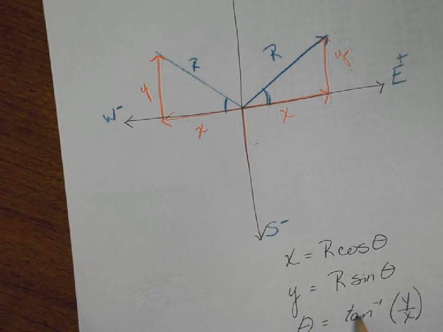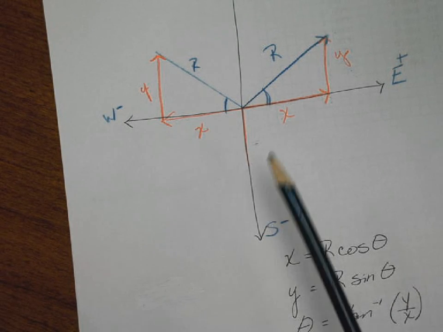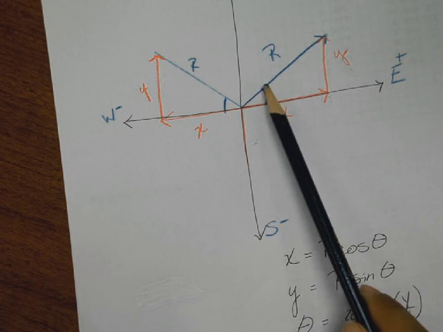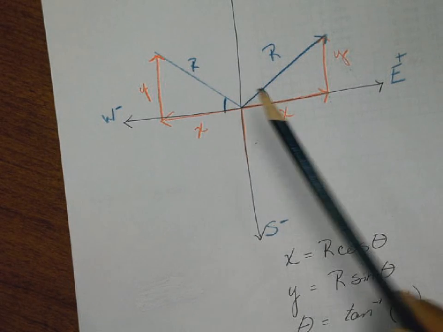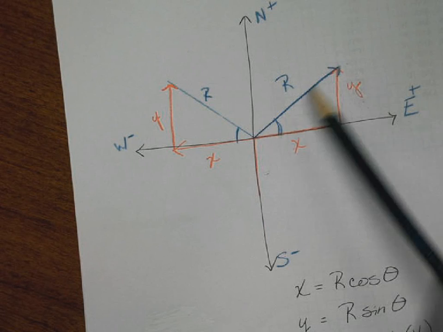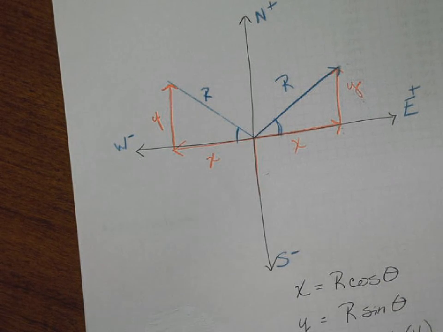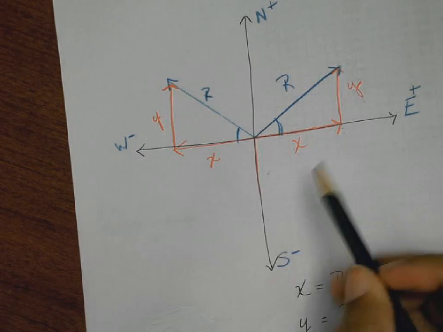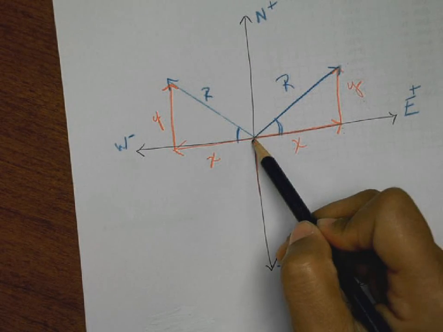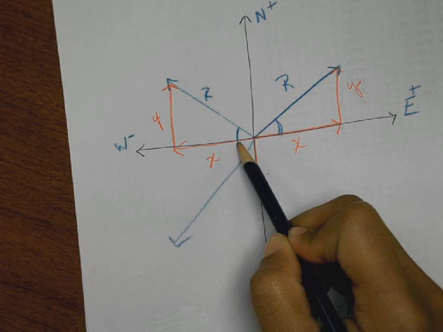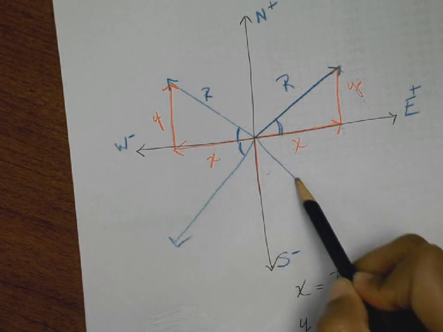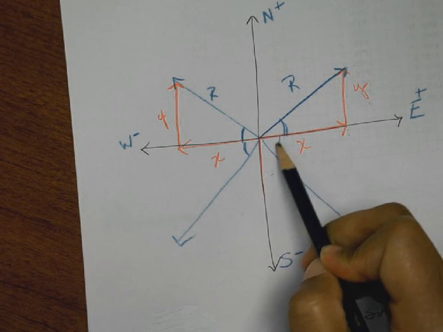And the new angle, I mean there's other ways, but for us we're always going to find the angle between the resultant and the x-axis. So if I move this way, it would be this angle. If I move that way, it will be that angle. If I go down this way, it'll be this angle, and if I go down that way, it'll be that angle.